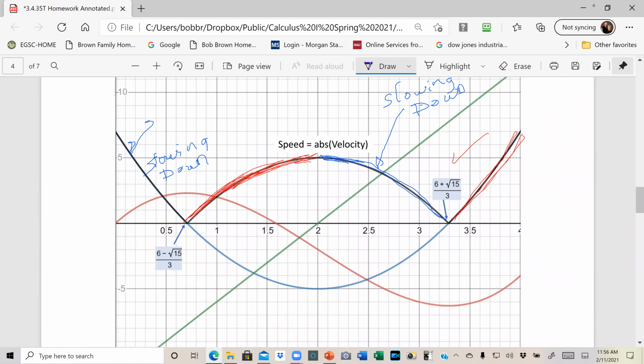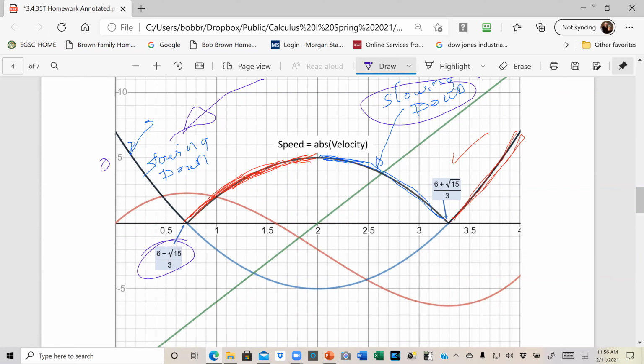So it would be from 0 to 6 minus the square root of 15 over 3, slowing down from 2 to 6 plus the square root of 15 over 3, and then it's speeding up in the other two intervals.